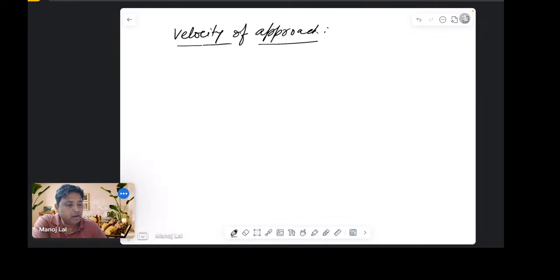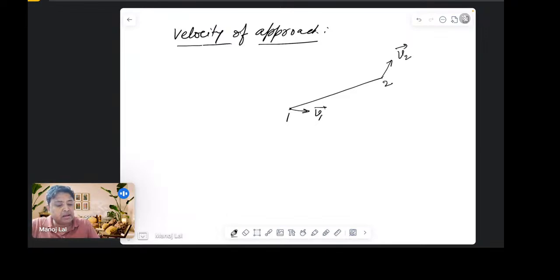Suppose there are two particles, say particle 1 and particle 2. So what will be the velocity of 1 with respect to 2? I will write particle 1 having velocity v1 and particle 2 having velocity v2.